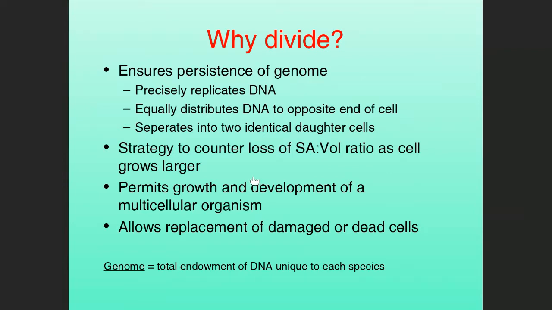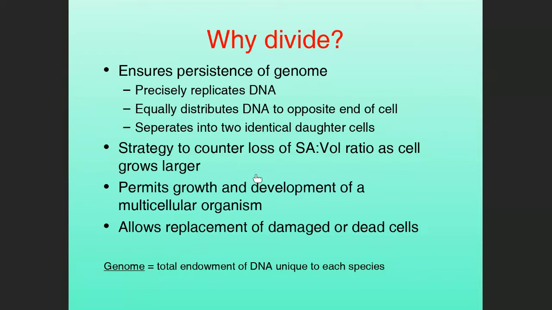And it is a strategy to counter the loss of surface area to volume ratio as a cell grows larger. So the cell does not grow larger as a single cell, but divides into multiple cells of smaller size to counter the loss of surface area to volume ratio.